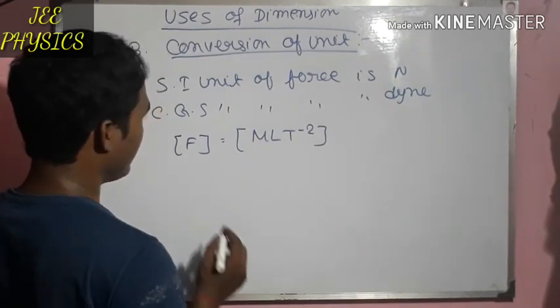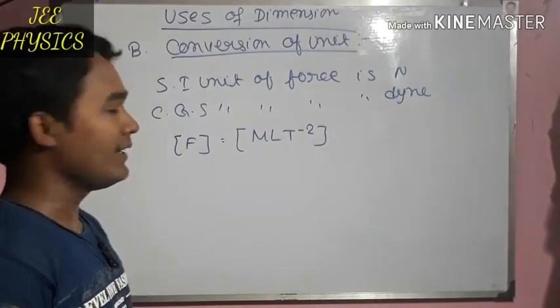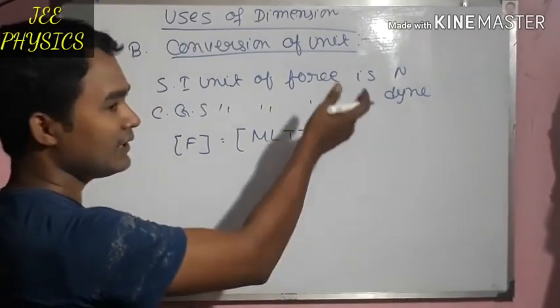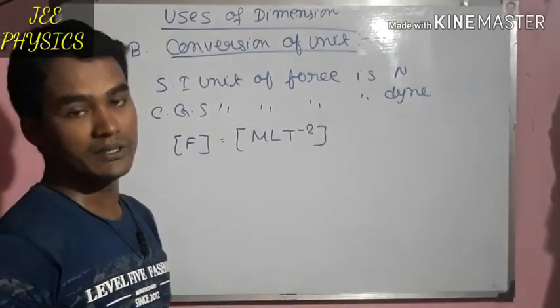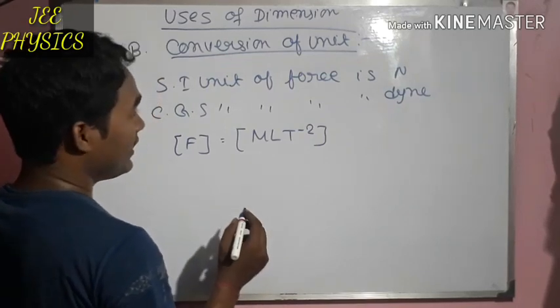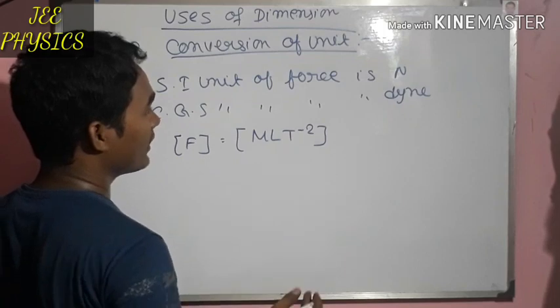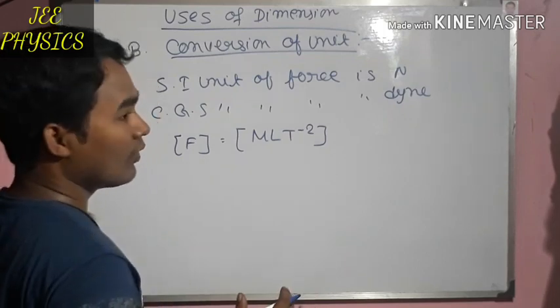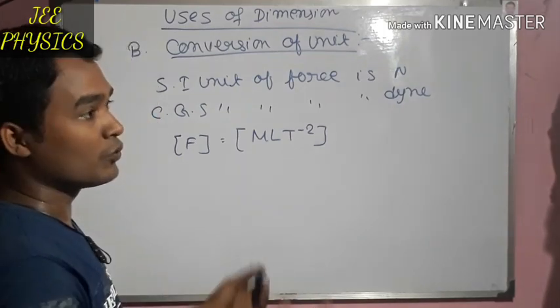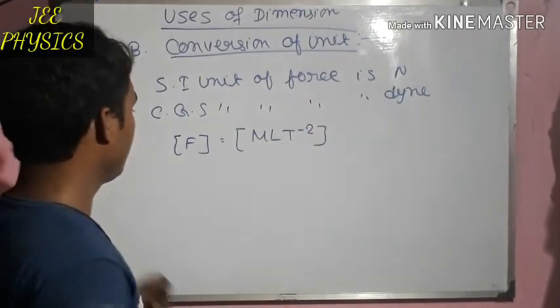So we have to write the unit in terms of base units. Newton is not in terms of base units. It does not give you knowledge about which quantities it depends on.